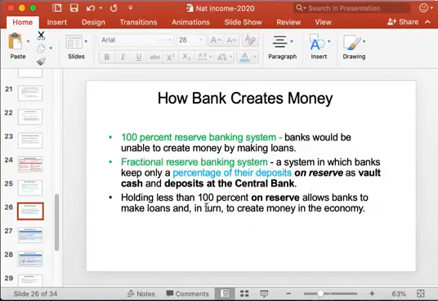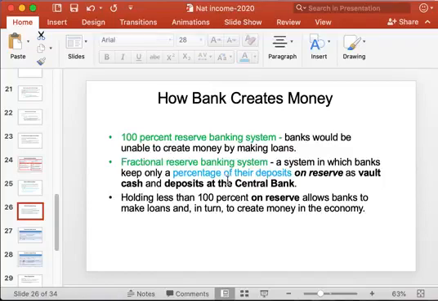So holding less than 100% on reserve allows banks to make loans to other people, who take loans from the people who actually deposit in the same bank, to create money in the economy.